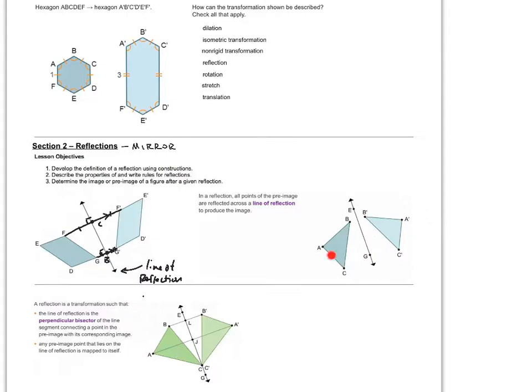The same thing is happening here. Notice how the B's are directly across from each other, the A's are across from each other, and so is C and C prime.